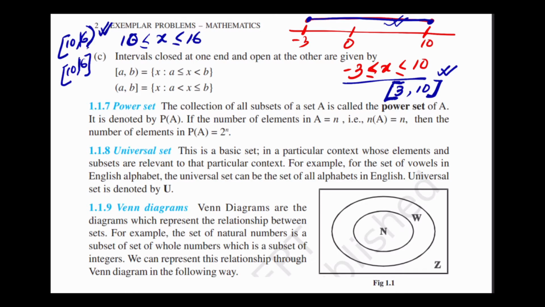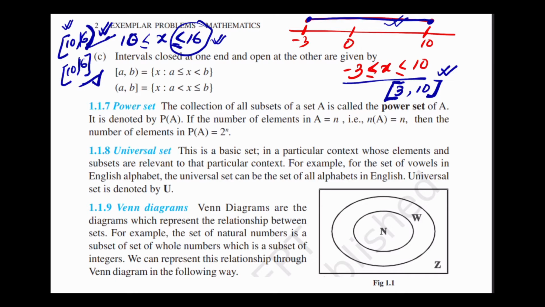Somebody in a very fast, hurried mode put the open bracket answer and was very happy, thinking he had given a great test. But he overlooked the fact that 10 and 16 are open brackets here. He got less than or equal to 16, which means it should be a close bracket. So small things matter a lot, students.